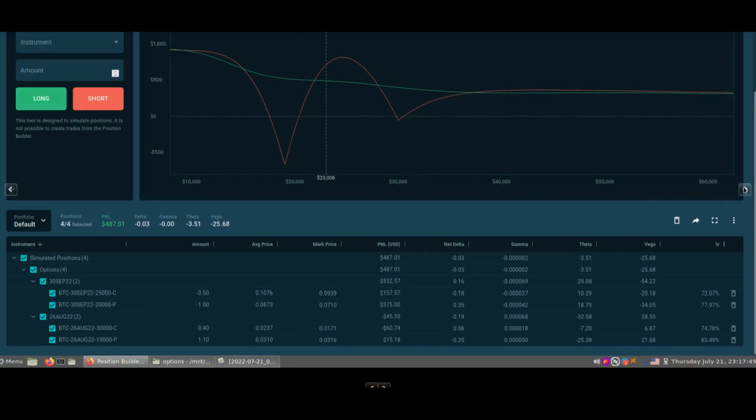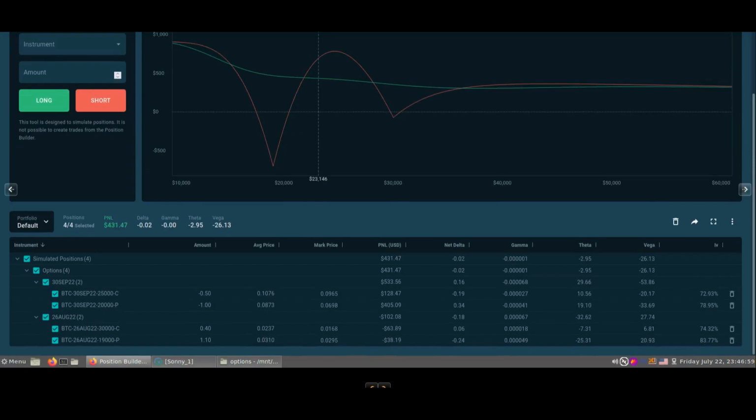But okay, let's take a look. It's too little time. Here, volatility will increase again, and P&L will decrease.